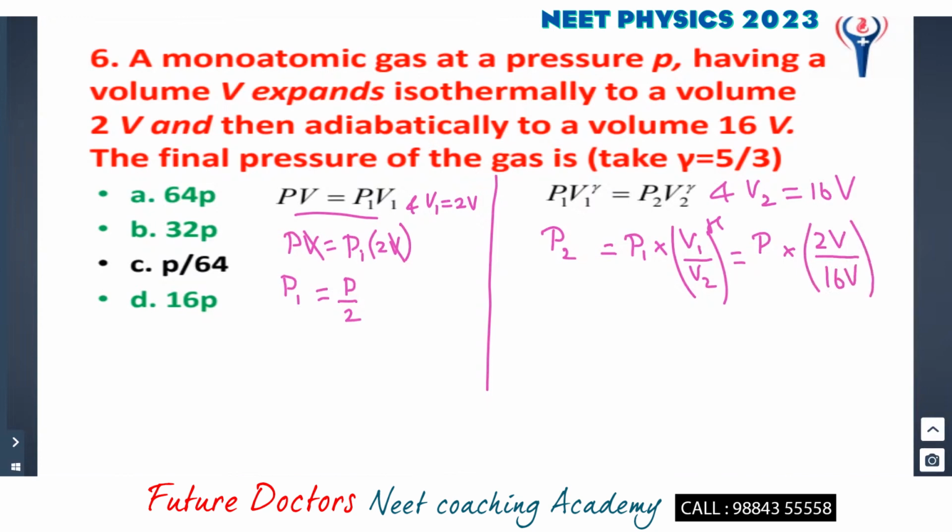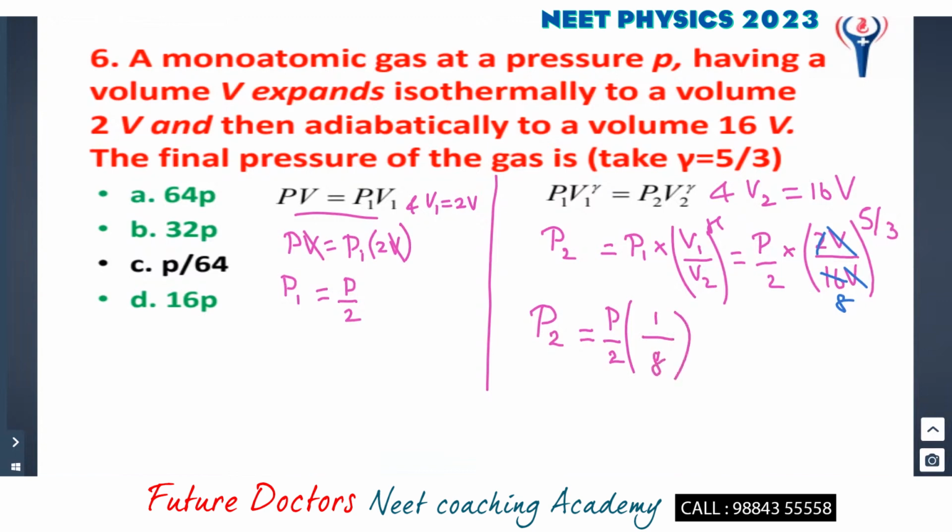What's the value of gamma? 5 by 3. Now you cancel things. Only V is possible to cancel. Then 2 by 16, that is 1 by 8. P1 is P by 2. So P2 equals P by 2 into 1 by 8 whole power 5 by 3.